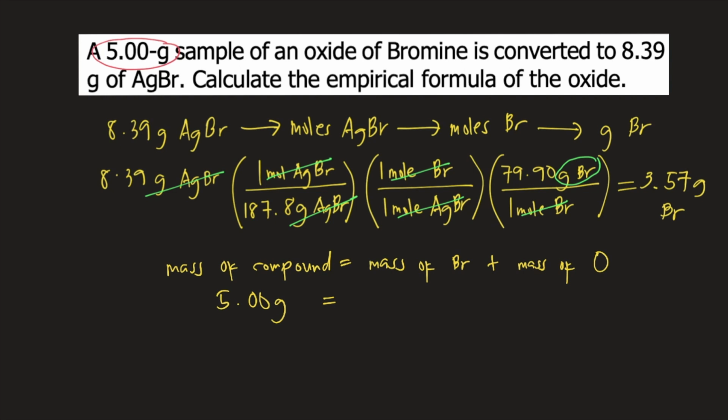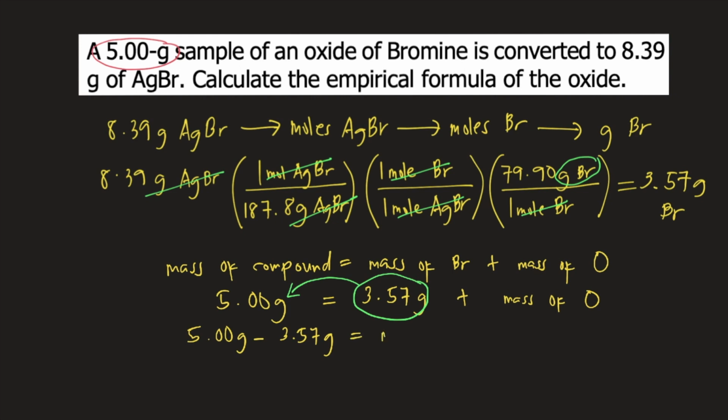That is equal to the mass of bromine, which we just solved earlier, 3.57 grams, plus mass of oxygen. If you want to solve for the mass of oxygen, you just need to transfer 3.57 onto the other side, and that becomes a minus. So 5.00 grams minus 3.57 grams is equal to mass of oxygen.